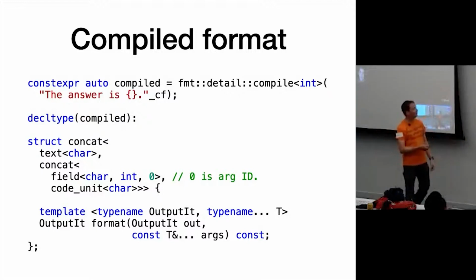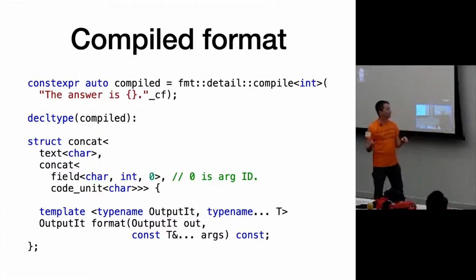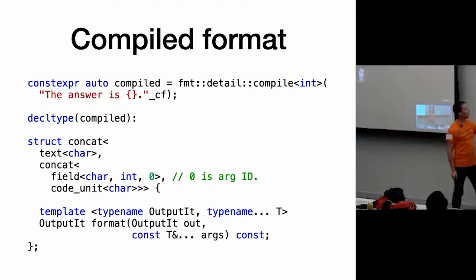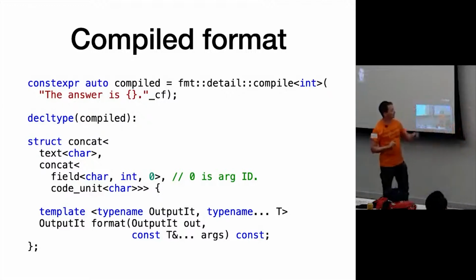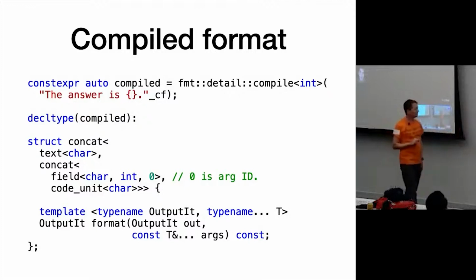So here we have a little bit of literal text, "The answer is" followed by a space, which is represented by text here. This literal text is concatenated with the field, which is a pair of curly braces referring to an integer field, followed by a single code unit, the dot at the end.